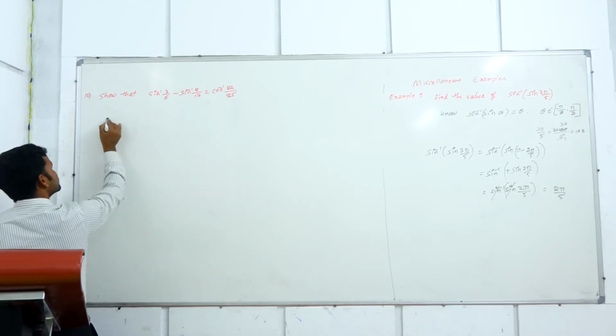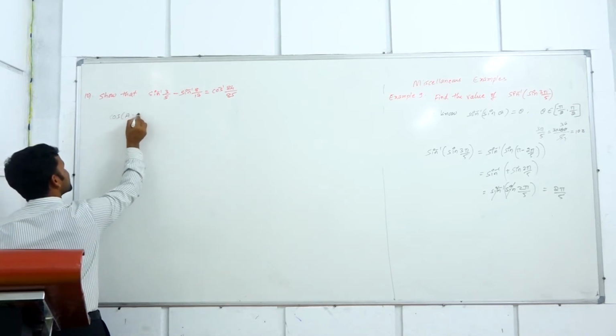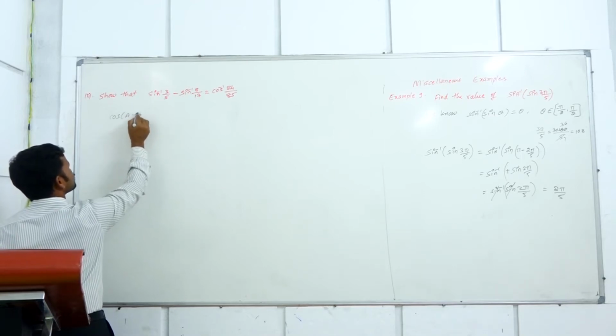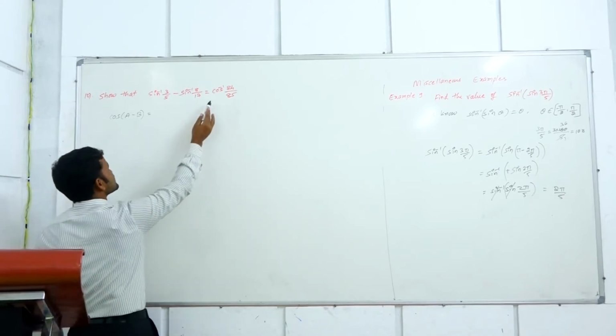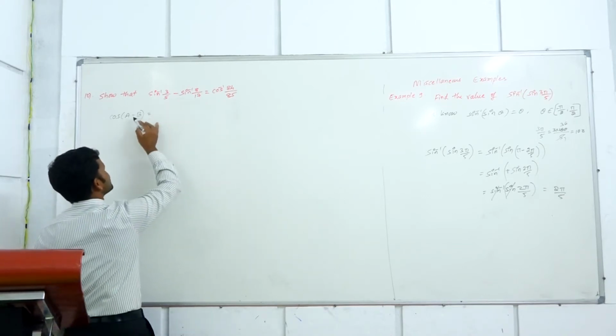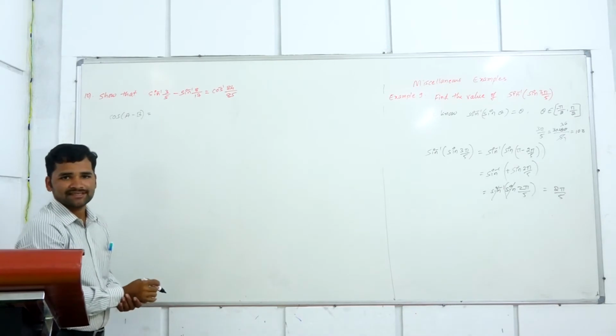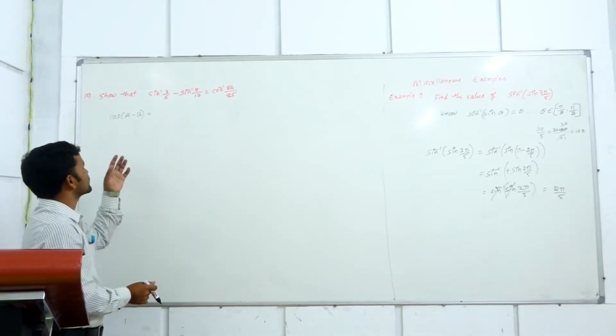What you do, you use the formula cos of a minus b is equal to cos inverse is there, hence cos here, minus is there means minus, plus is there means plus. This type of problems if appears, you can go like this.